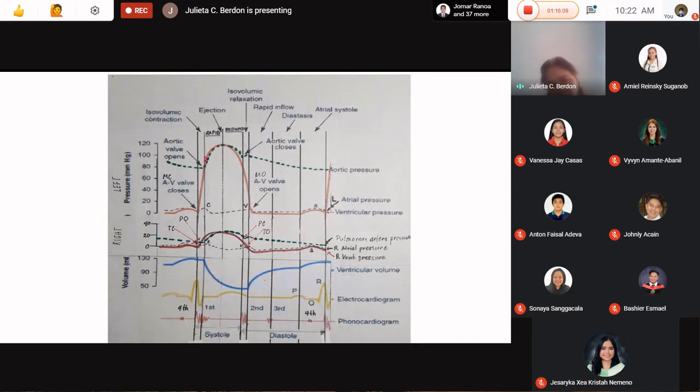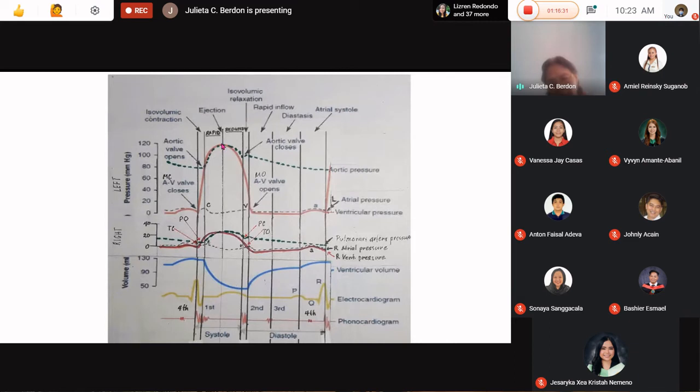Okay. So, you have it there. That will now be the peak. That will now be the end of the rapid ejection phase and the beginning of your reduced ejection phase. So peak ventricular pressure, peak aortic pressure.